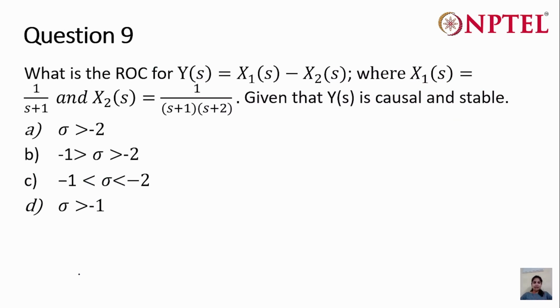Now we have Y of s, which is given as X1 of s minus X2 of s, and X1 of s is 1 by s plus 1, X2 of s is 1 by (s plus 1) into (s plus 2). So what is the ROC for this Y of s, where we also know that Y of s is causal and stable?